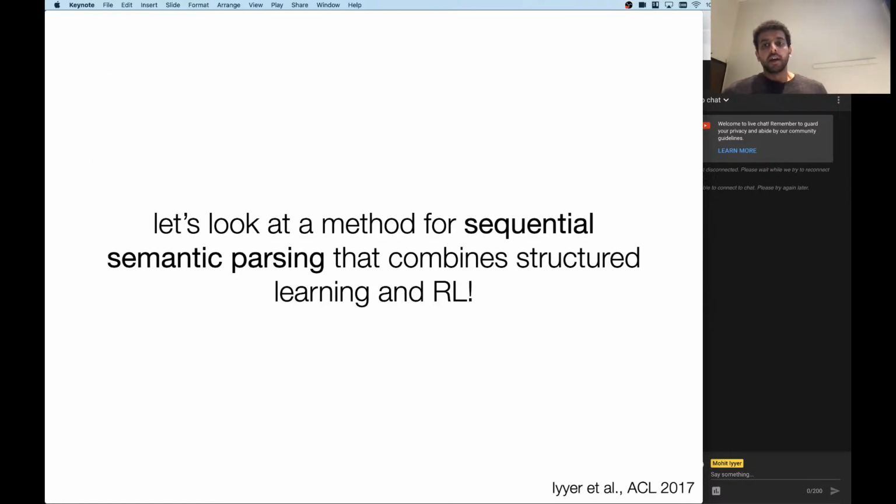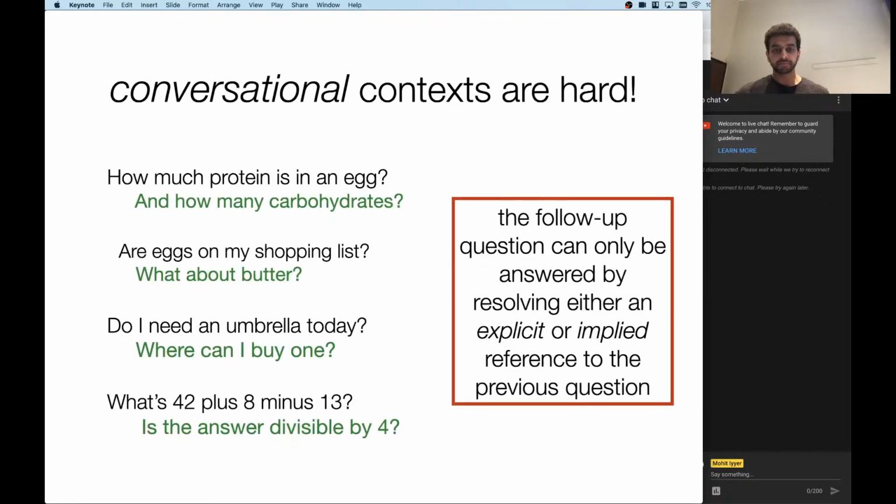All right, so let's take a look at one of my own previous works that explores this kind of structured learning method in the context of semantic parsing. In this case, it's very similar to WikiTableQuestions, except you don't just get one question, you get a sequence of questions that are all related to each other. So like, how much protein is in an egg?